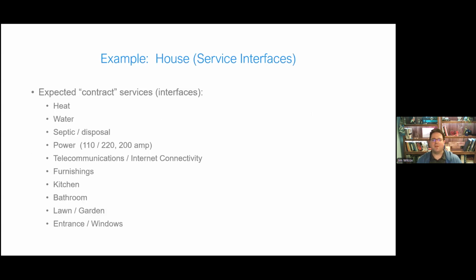So again, this is for the not necessarily architectural crowd, trying to help understand what service interfaces represent. The idea that I'm trying to get across here is that if you have a thing called a house, for example, a physical house in the real world, there are lots of things that you might anticipate that house would have, its capabilities and stuff like that.